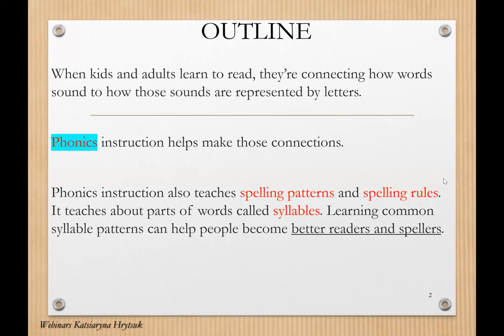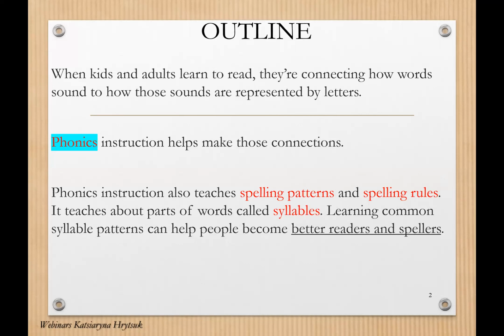So we will need to know how these syllables help to understand the differences in letters in the syllable, and help you to understand how to read the words correctly, right? That is very important. Hello, Vika, happy to see you.